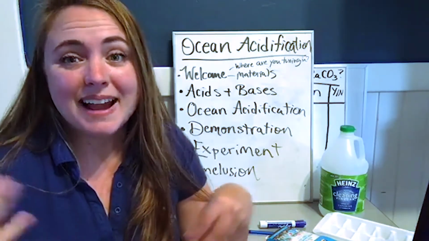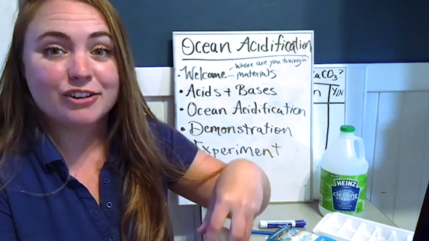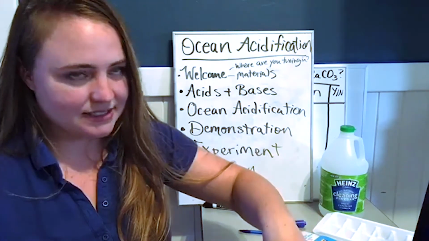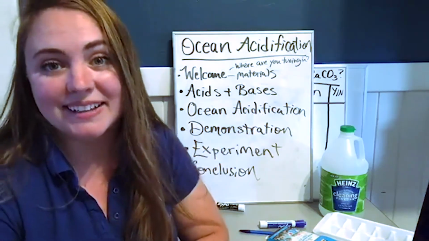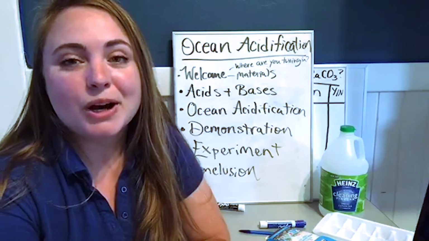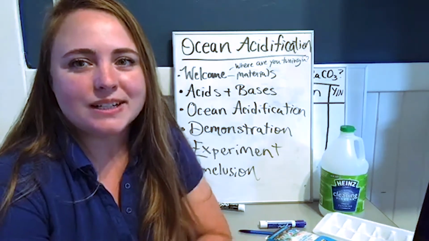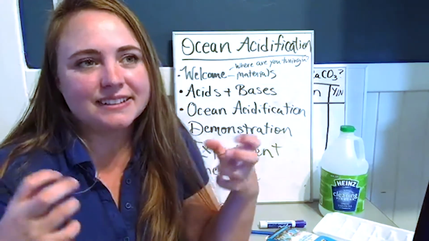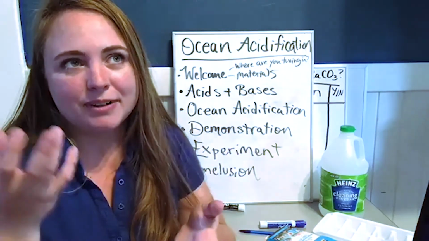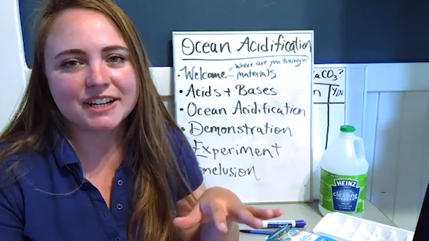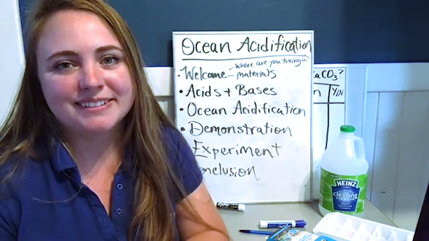Now, as those greenhouse gases, which CO2 is one of, increase, that causes our climate to change. And in general, it has a warming trend. And so a warmer ocean, just like a warm soda, isn't able to hold as much gas. And so it can't absorb as much of that CO2, kind of being that buffer protection from all the greenhouse gases in our environment that causes our climate to change.